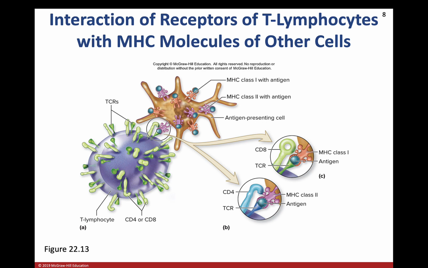Now, CD8, these will be the cytotoxic T cells, and remember, they are going to bind with MHC class I. And then if we look at the CD4, or the helper T cells, they actually are binding with the MHC class II antigen on the specific lymphocyte.